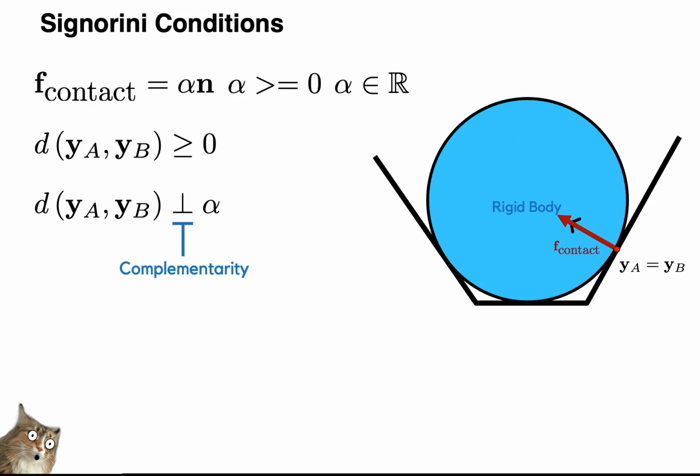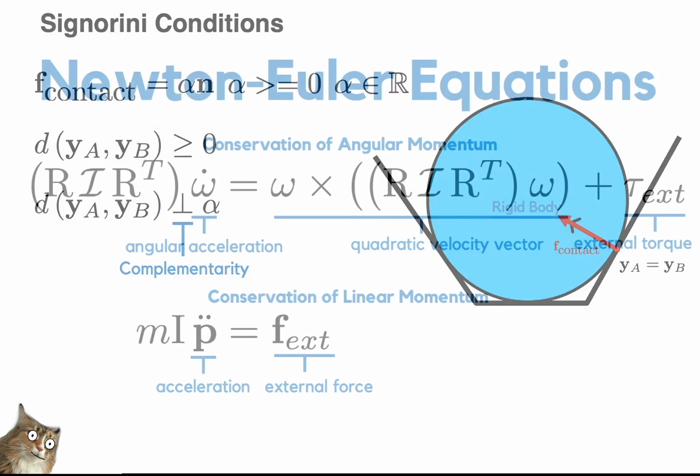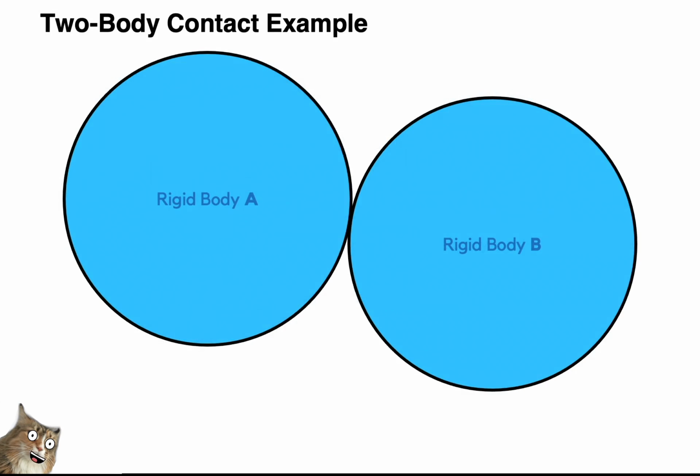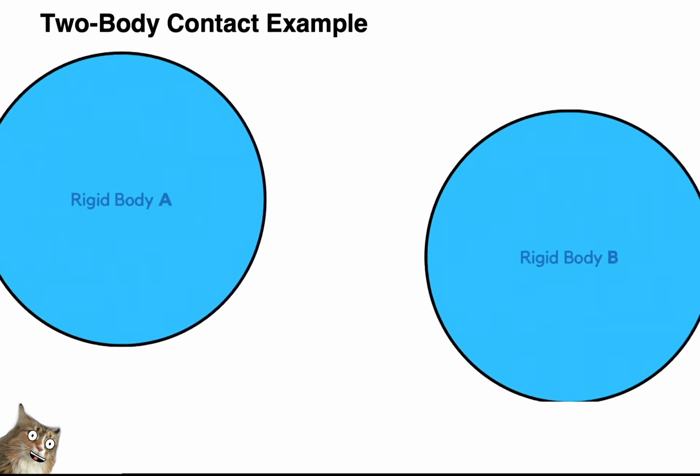However, we are missing one fairly important piece of the puzzle, and that's dynamics. Remember that the motion of rigid bodies is governed by the Newton-Euler equations. We somehow need to incorporate this into our contact resolution scheme. In order to see how to do that, we will need to look at a slightly more complicated example. And that example is these 2 colliding spheres.